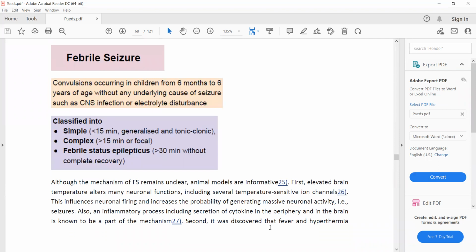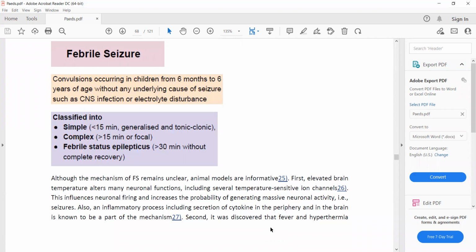So our next topic is febrile seizures. What are febrile seizures? Convulsions that are occurring in children from 6 months to 6 years of age without any underlying cause of seizure, such as CNS infection or meningitis and electrolyte disturbances.